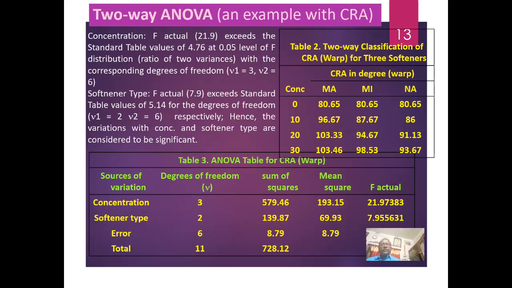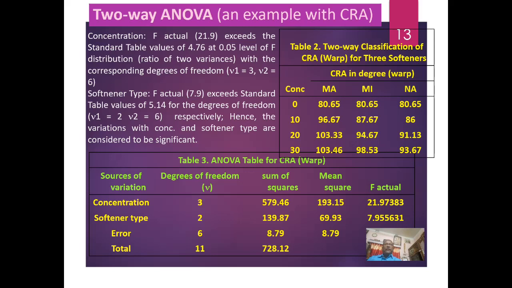Statistical significance of varying concentration and softener was tested with two-way ANOVA, taking the example of crease recovery angle of warp. In the case of concentration, F actual was 21.9, which exceeds the standard table value of 4.76 at the 0.05 level of the F distribution ratio with the corresponding degrees of freedom 6.